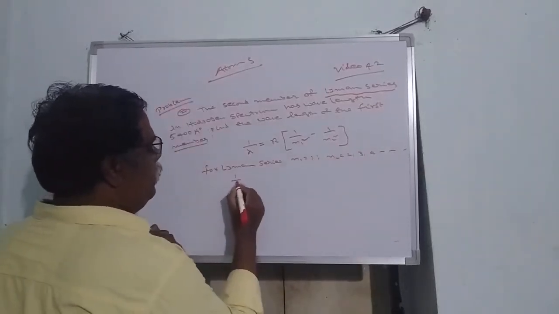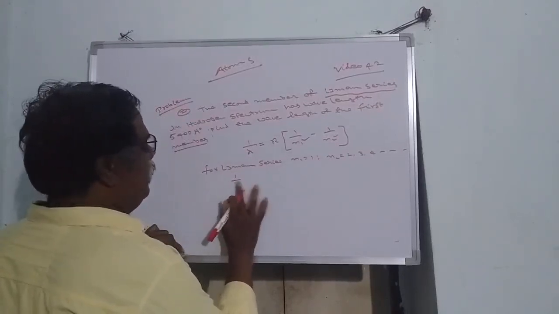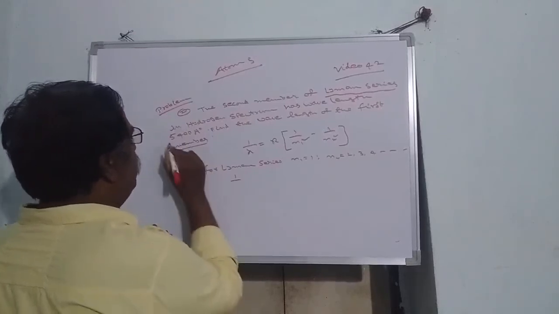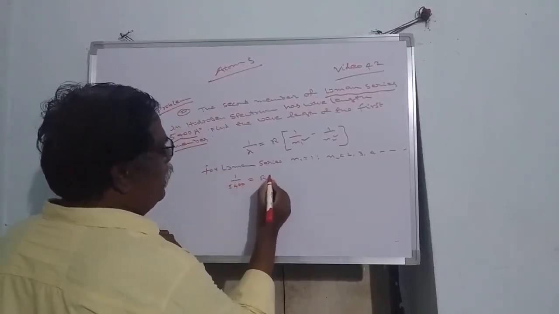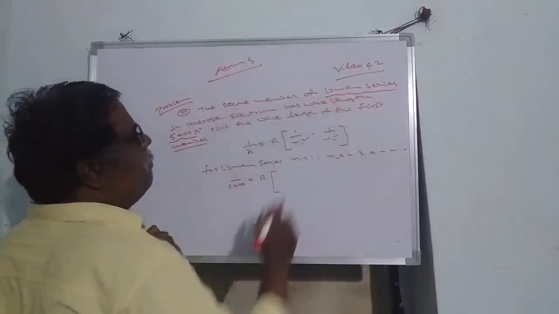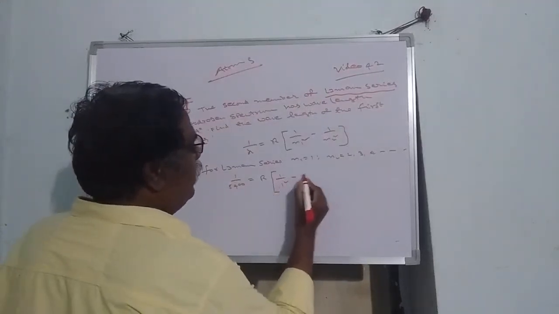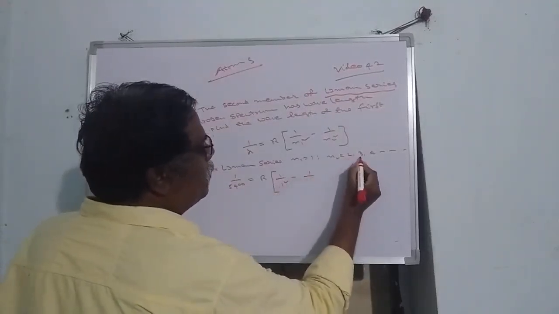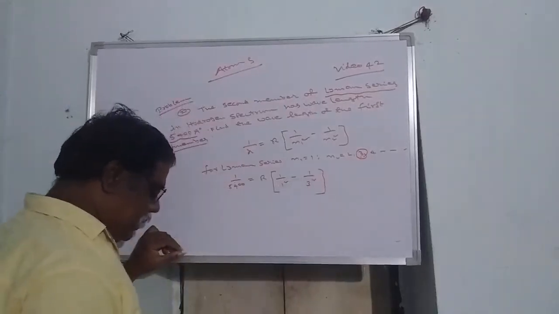Substitute the values. For the Lyman series in the hydrogen spectrum, the wavelength given is 5400 angstroms: 1 by 5400 is equal to R into 1 by 1 square minus 1 by, for the second member of the Lyman series, 3 square. This is the first member, this is the second member, so we write 3.